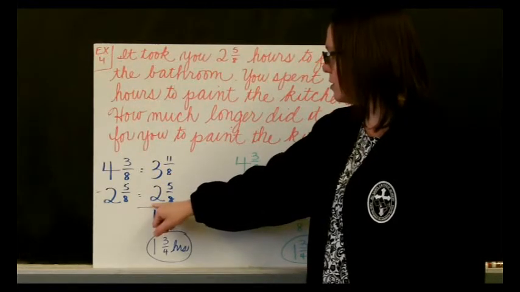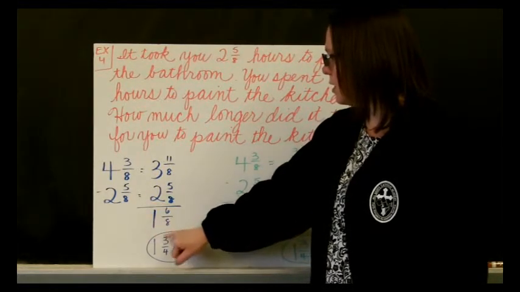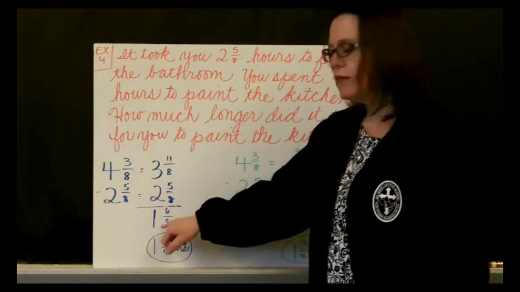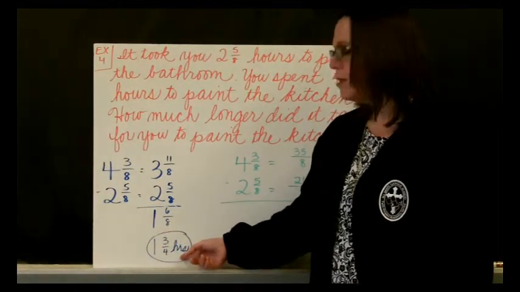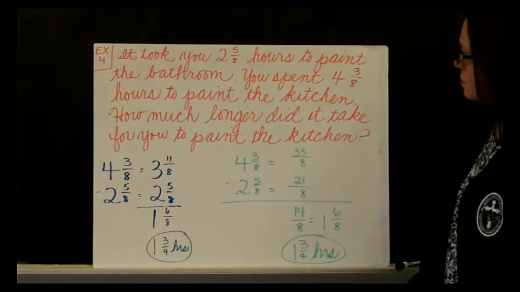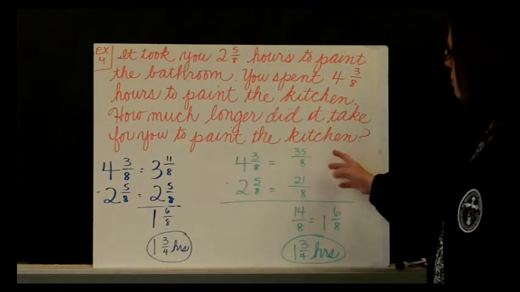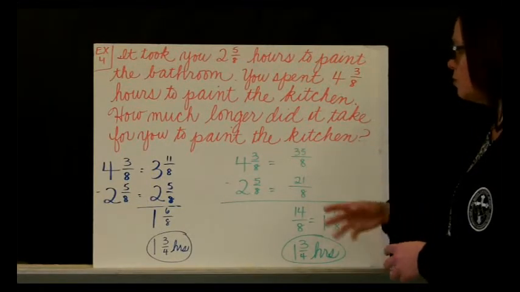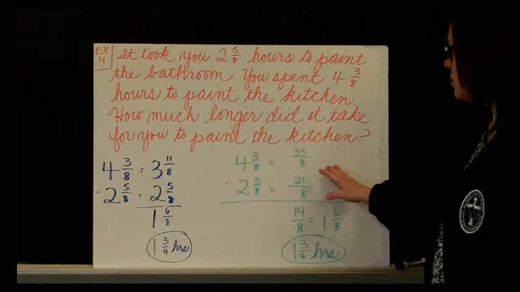And I subtracted the 2 5/8, giving me 1 6/8. This 6/8 needs to be simplified to 1 3/4 hours. Don't forget your unit.